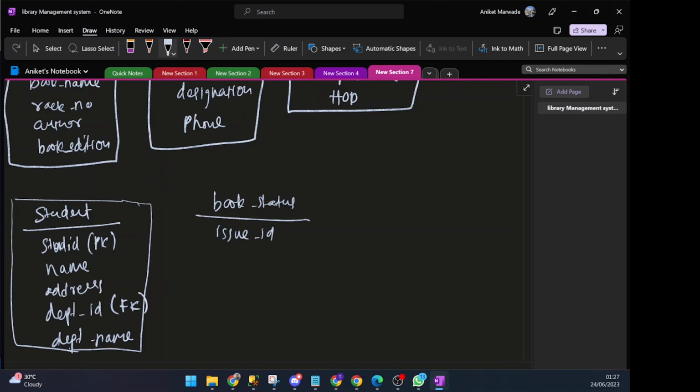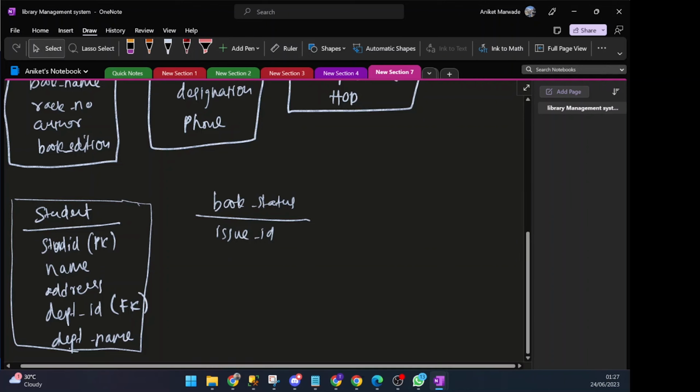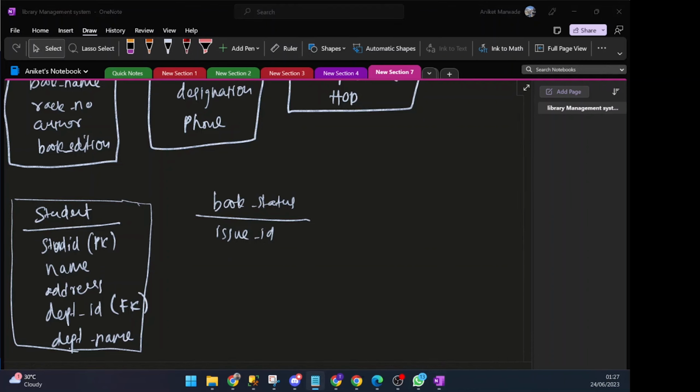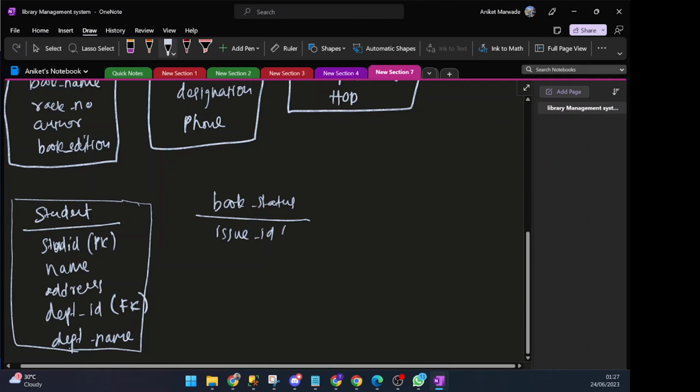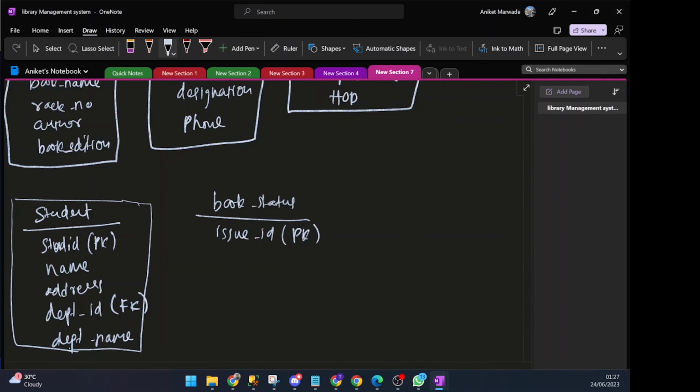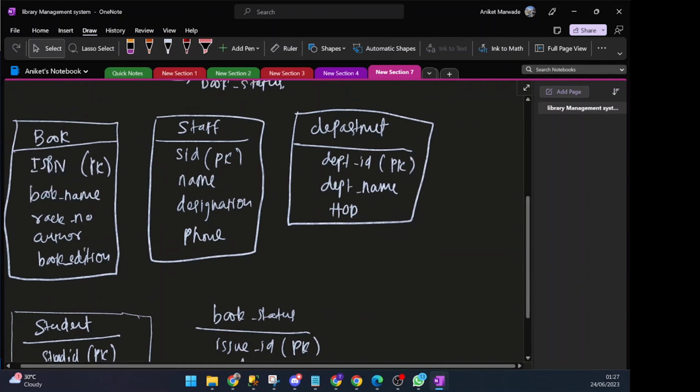I think issue ID should be a primary key. So it will be a primary key for book status. And we'll have student ID, which student will be issuing which book. So it will be a foreign key, which will be referring to the student table.